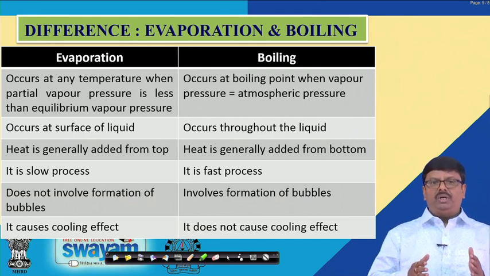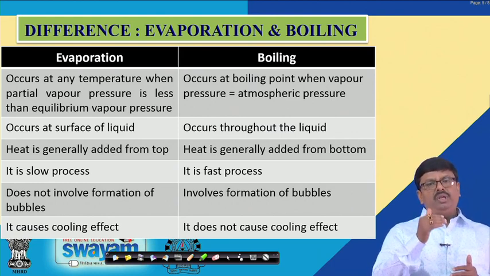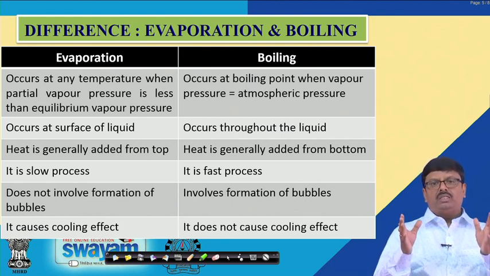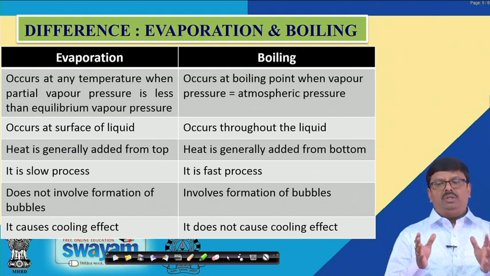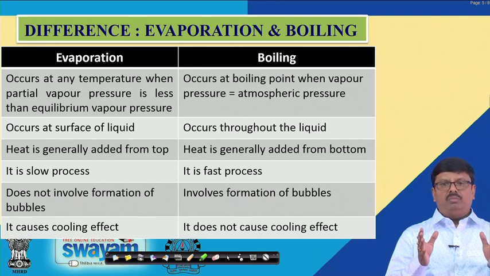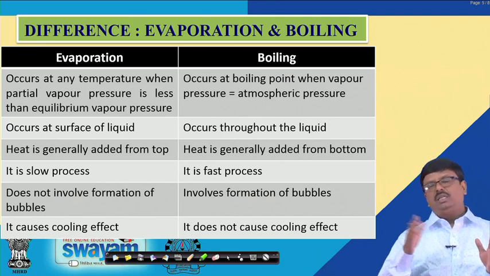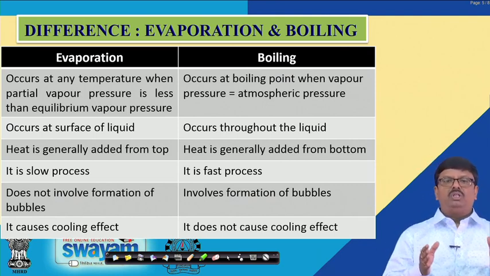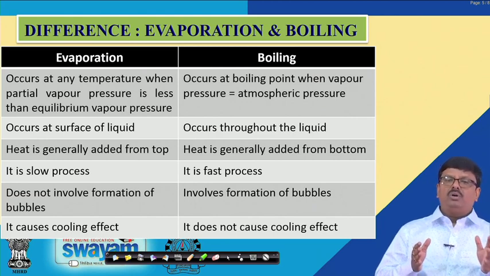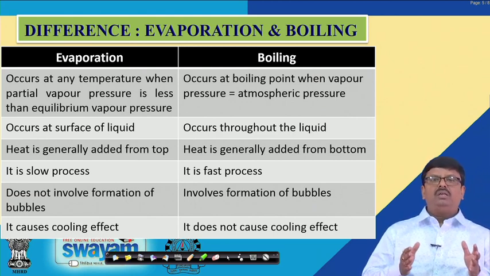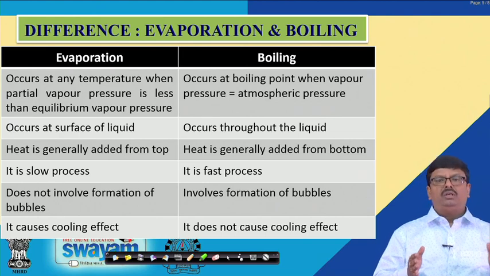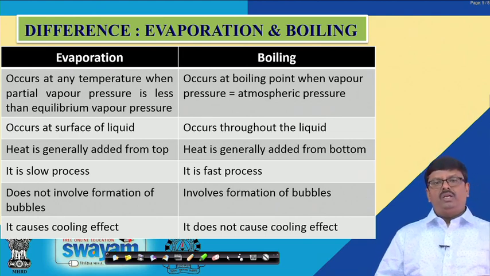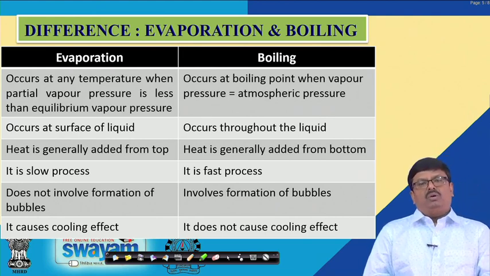The evaporator is placed beside the freezer box, where the foodstuffs that are supposed to be refrigerated are kept. So the evaporator always causes the cooling effect and plays a very dominant role in refrigeration systems, whereas boiling does not cause any cooling effect.